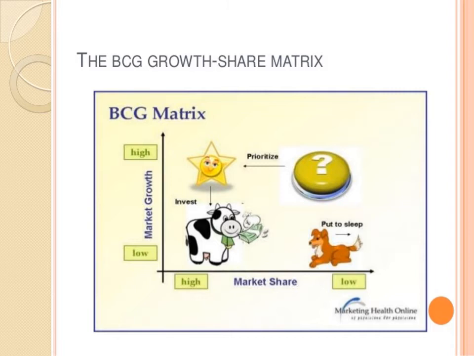The BCG views the industry growth rate as an indicator of relative industry attractiveness, and relative market share as an indicator of the relative competitive position of a business unit within the given industry.